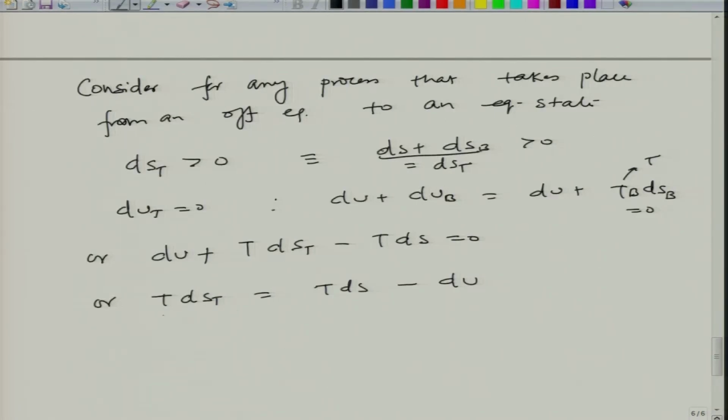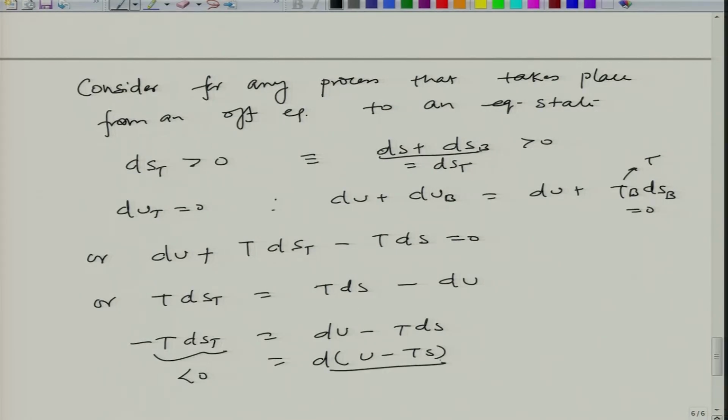With this I can now plug in here, I can consider this as minus T of d dTs, this is du minus T dS, and since T is constant here, already the temperature equality is there, then u minus Ts. Okay. So, this anyway is going to be, because dTs is greater than 0, this has to be negative, this means this has to be less than 0, which essentially means dA is less than 0.